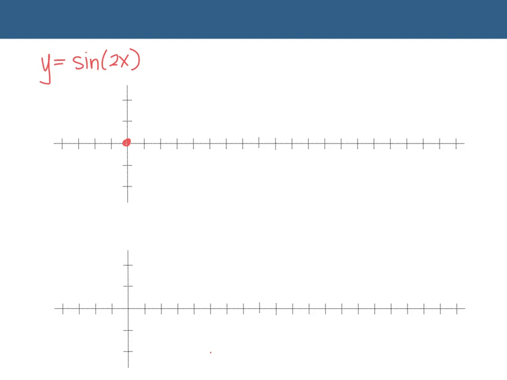So we'll count 4 tick marks over, and we'll make our dots. 1, 2, 3, 4, 1, 2, 3, 4, 1, 2, 3, 4. Okay, so these are the primary dots for sine, the 5 of them. We are going to label our y-axis like we learned yesterday, and because the amplitude here is a value of 1, we will label our y-axis with a 1 and a negative 1.